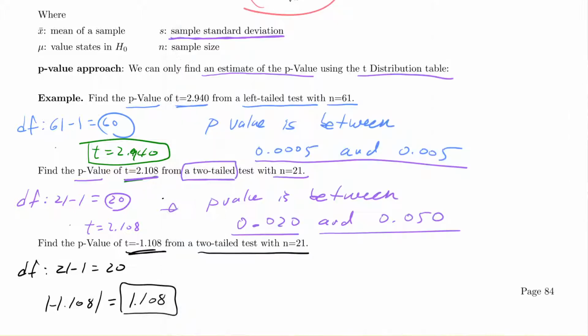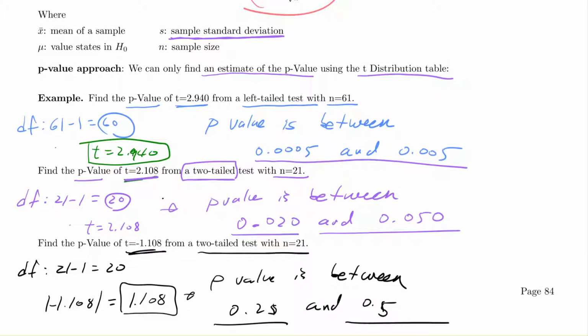Okay, so let me write that. P-value is between 0.25 and 0.5 for this problem. So we get a range. This is what we mean by we can only find an estimate.